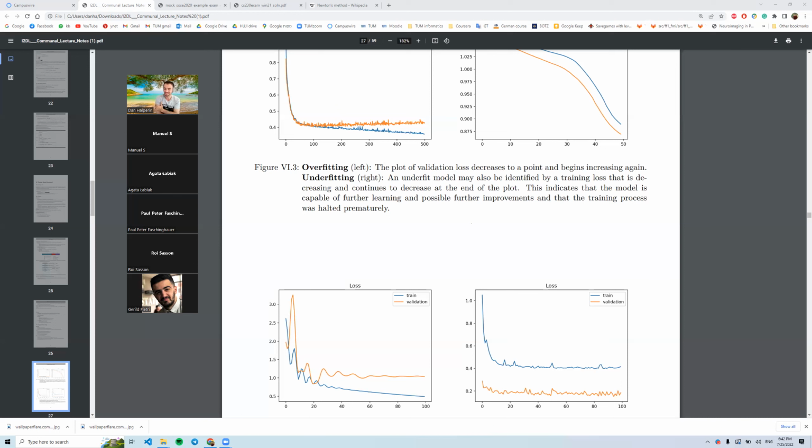I would also expect to see high validation loss, because different distribution means that the model never saw it before and doesn't know what to do with it.